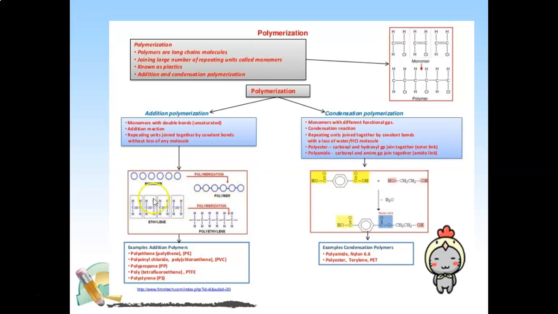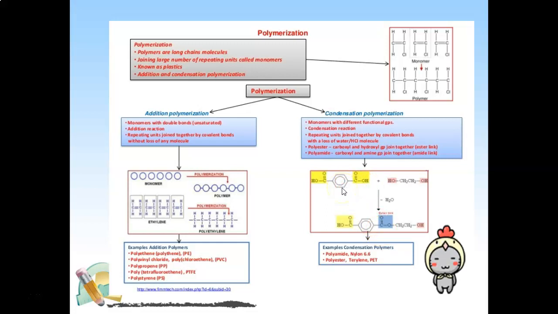Now we look at the scheme here. The monomer will undergo the polymerization process to form a polymer, and in addition polymerization, the monomer must consist of a double bond or triple bond. For condensation polymerization, it has two monomers which consist of either the same or different functionality.